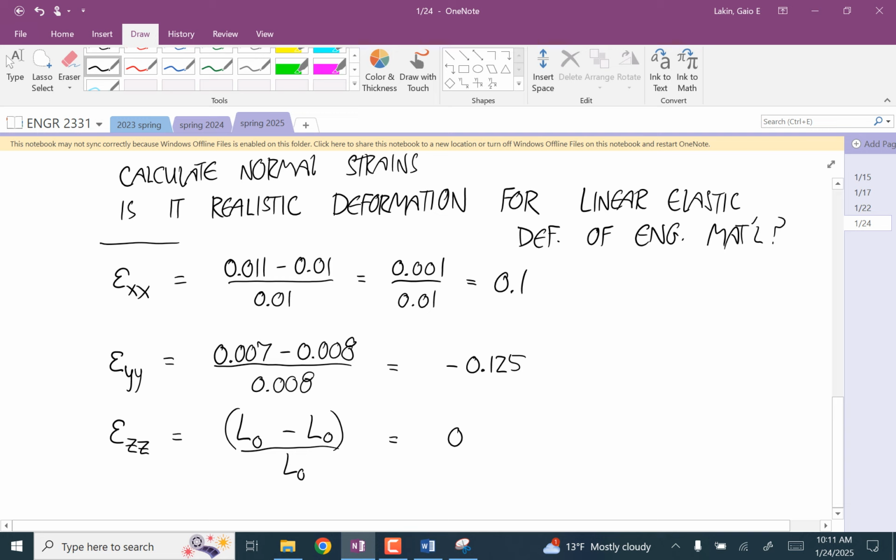So do we always use L sub 0 Y and L sub 0 X? I guess, yeah, you should probably do that. I think I left it off just because it starts looking kind of messy, but these are way too big to be realistic.